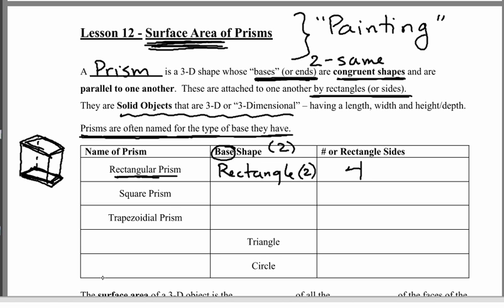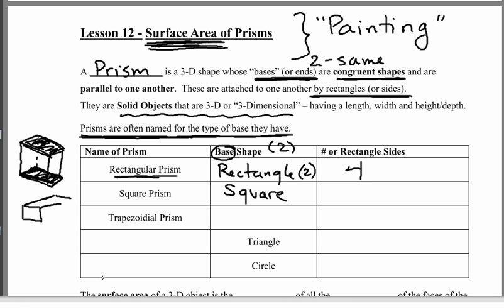A square prism is going to have a square base. And again, two of them. If I have a square base, it doesn't always have to be the top and the bottom that are the base, as long as I have two of them across from each other.